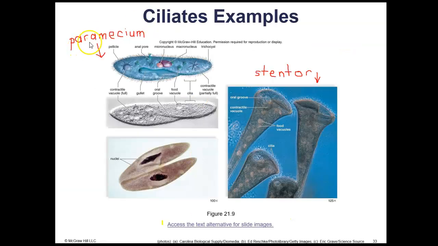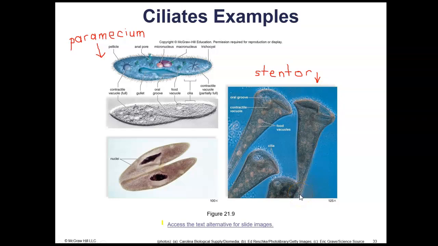This is a paramecium. All of these on the left side of the page are paramecium. You see the cilia on the outside. It's kind of got an oval shape otherwise. It is a heterotroph. It takes food in through this oral groove. And this one that you see on the right is called a stentor. It actually has cilia here that helps draw food into this opening, and unlike the paramecium, it just kind of stays in one spot.